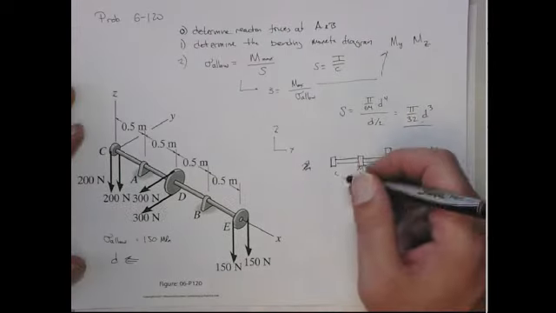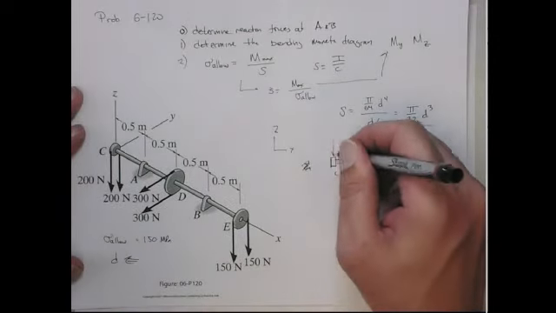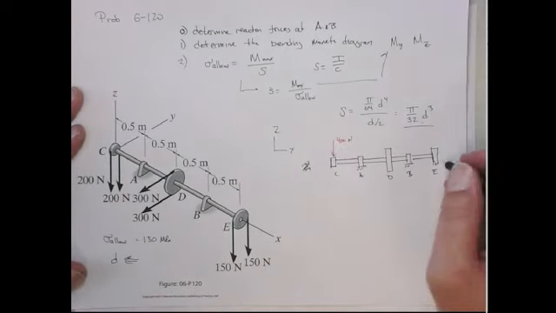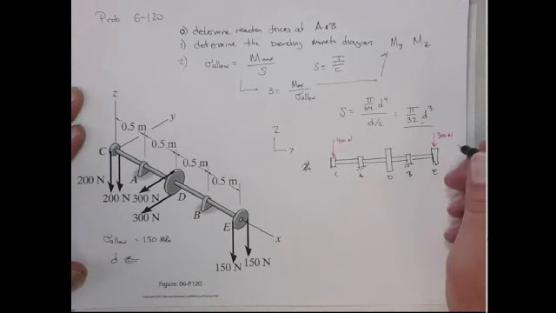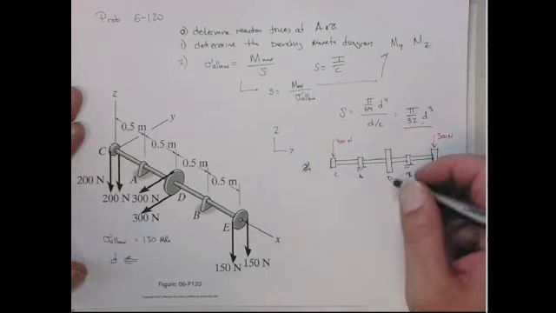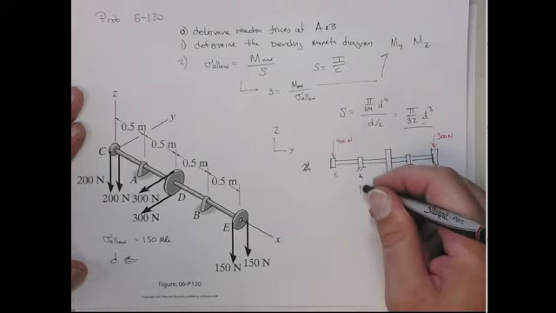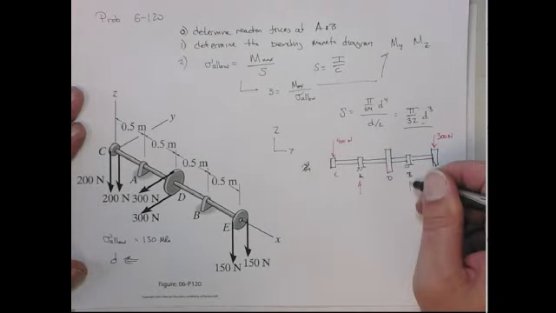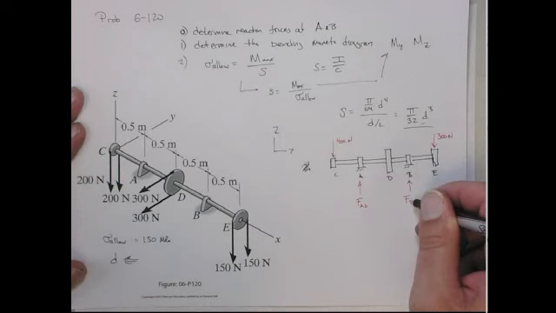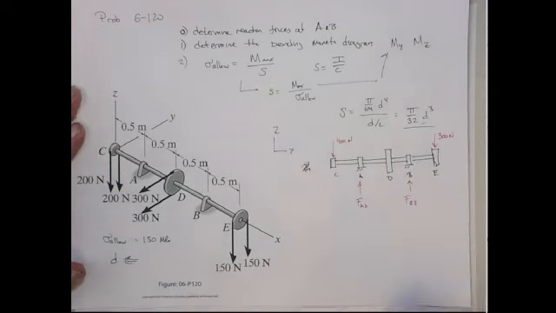So at C, we have a minus 400 newtons, and we have a minus 300 newtons at point E, right? That's the 2 150 and the 2 200s. D has nothing acting downward, and then we have the reaction forces at A and B. So I'm going to call this force at A in the Z direction and force at B in the Z direction. Okay?